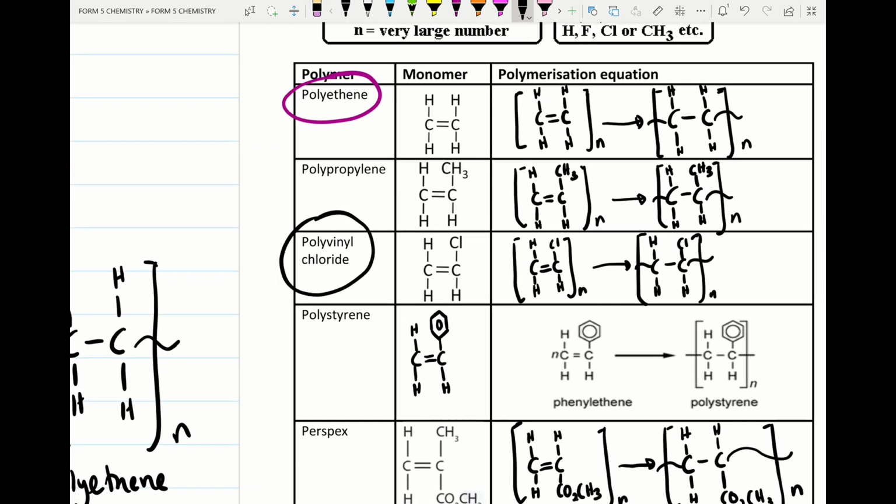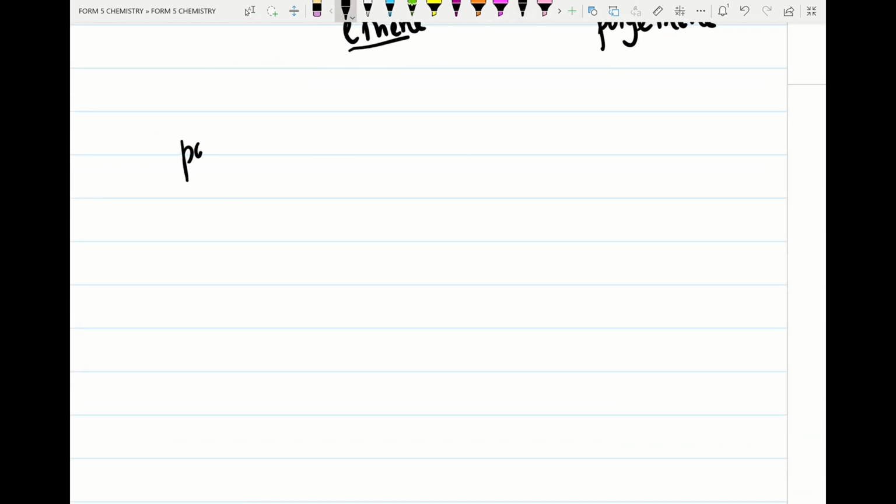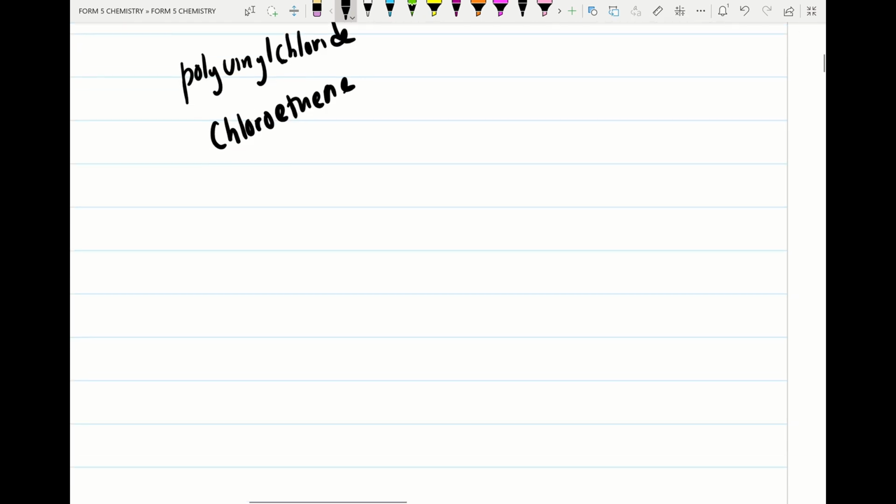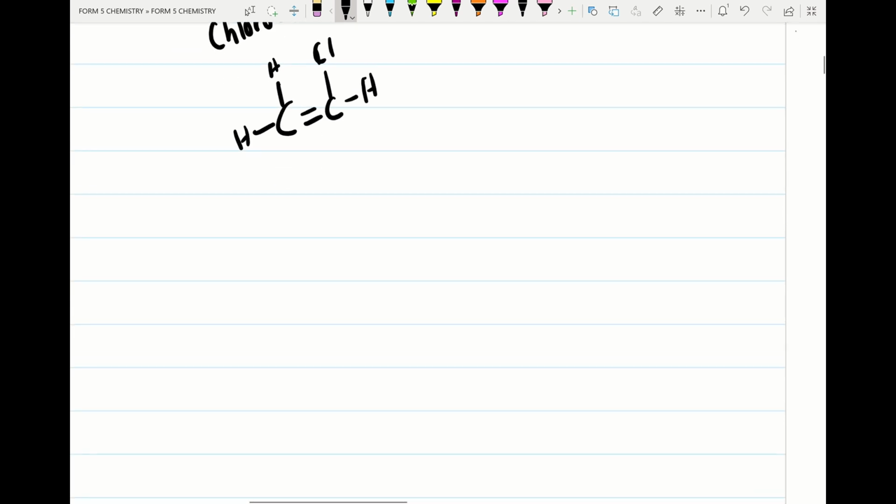I try to do the polyvinyl chloride. The polyvinyl chloride is made from chloroethene. So I try to draw the structural formula of the monomer chloroethene, C2H3Cl. So here I put Cl, here is H. This is the structural formula of the monomer chloroethene. So I cut the C double bond. I draw here C, and I cut bonding, bonding, bonding, bonding. Make sure the sides are empty.